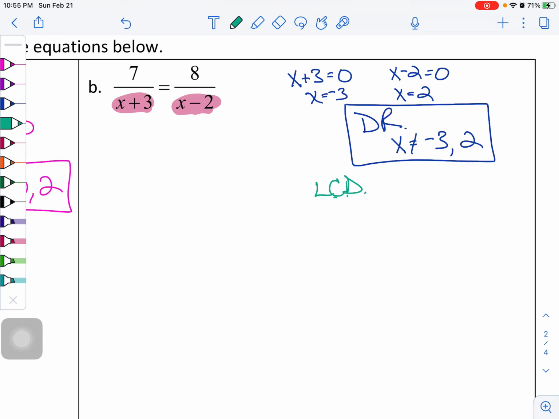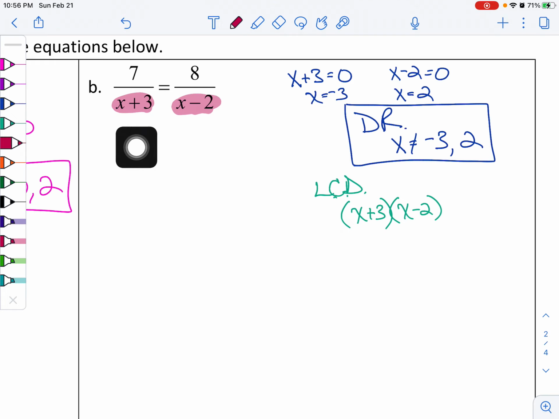Let's talk LCD. So I want to account for every factor that is currently in a denominator. So my first denominator is x plus 3. So that's one factor. And my second denominator is x minus 2. These two denominators have nothing in common with each other as factors, so we just use both of them.